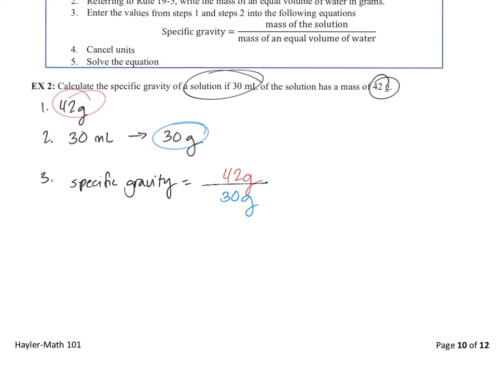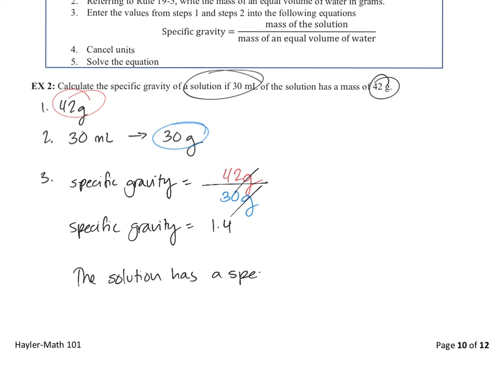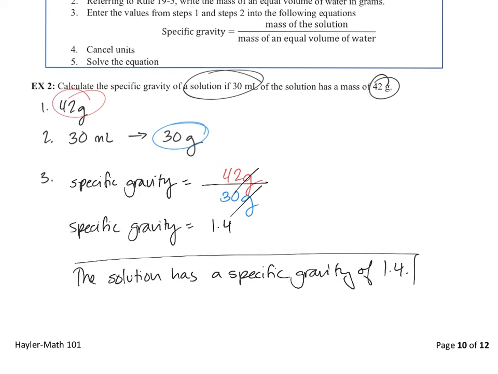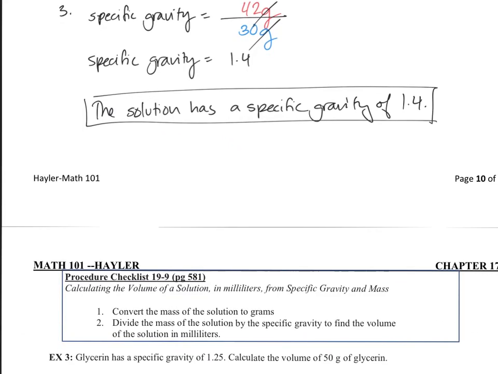As we've noticed, the grams cancel each other out, so we won't actually have a unit. Then 42 divided by 30 is 1.4. So the solution has a specific gravity of 1.4. And remember, there are no units for this problem. Let's keep moving.